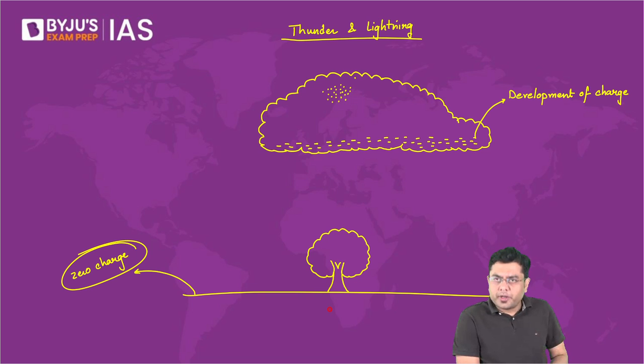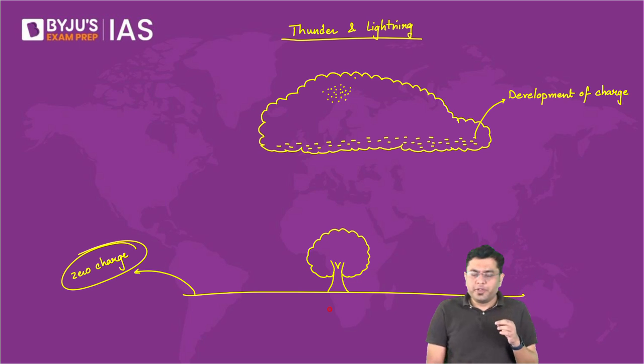It is connected to the ground. Anything which is connected to the ground generally ends up indicating zero charge. That is why when you walk barefoot and you touch an electrical line, you get the shock, because you are also connected to the ground, so the charge will flow through your body. That is why we receive electrical shock. So this also represents zero charge.